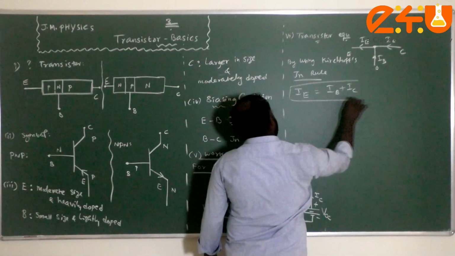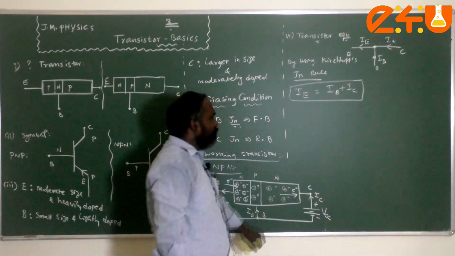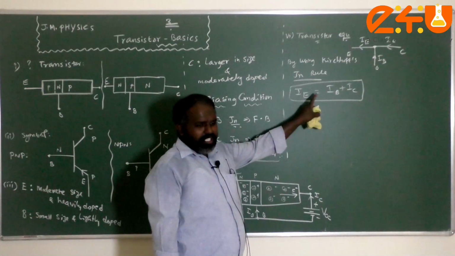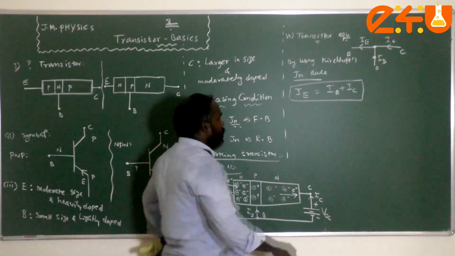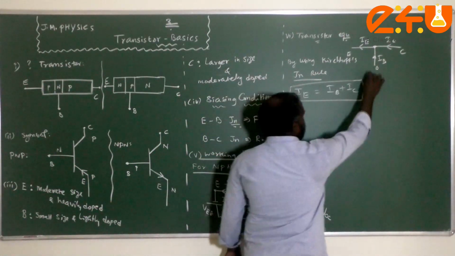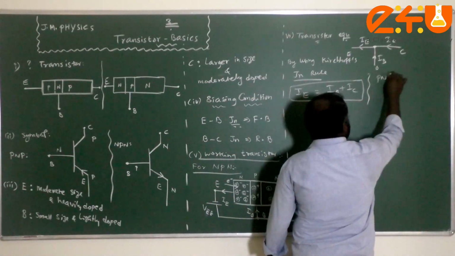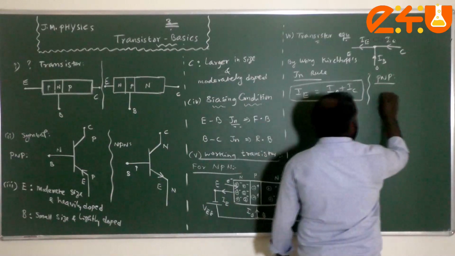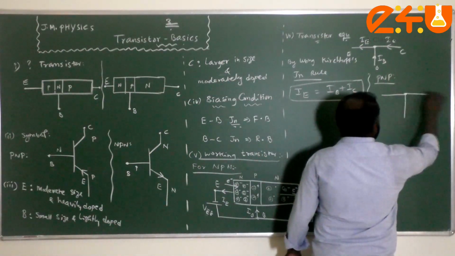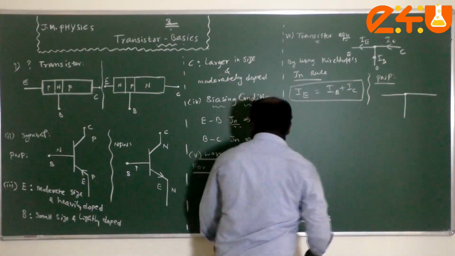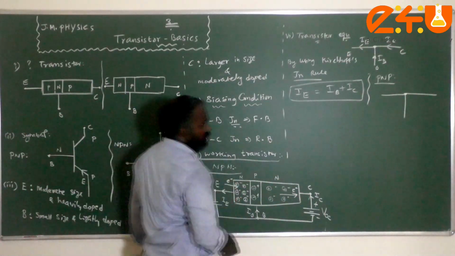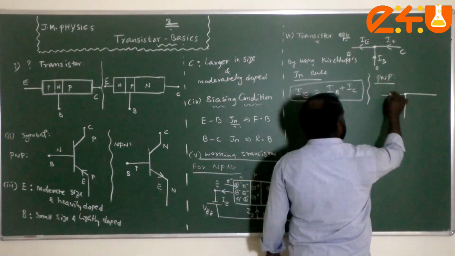Whether it is NPN or PNP, this equation is true. For example, in the case of a PNP transistor, this equation is also true. In the PNP case, this will be P, and the positive ions will go inside, so just reverse these directions.